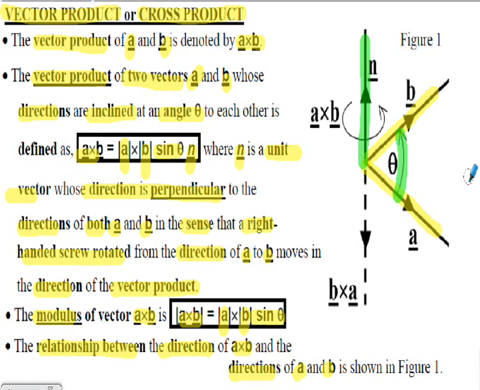If we were to calculate the vector product of B cross A, we would effectively move in this direction of angle theta, and this would then make this the direction of B cross A. In other words, we've reversed the direction of the vector by reversing the rotation.